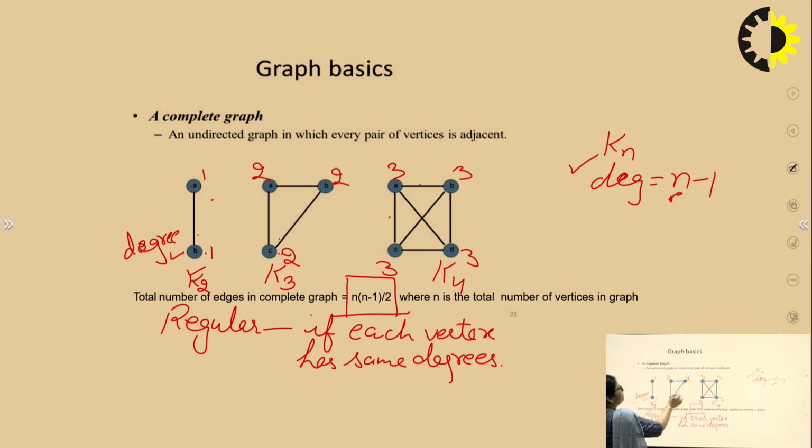All the complete graphs are regular graphs, because every node in a complete graph with n vertices has n minus 1 degree.